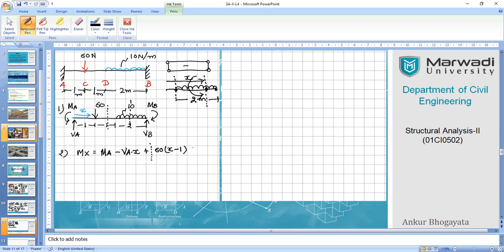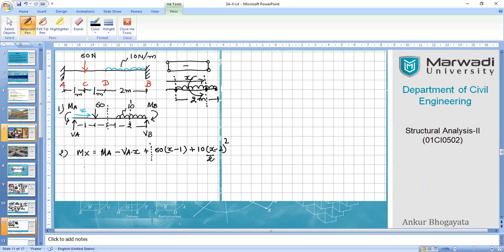So again I will put a plus sign: 10, the force intensity, into x minus 2 whole square by 2. All right, so that is the perfect equation for us.